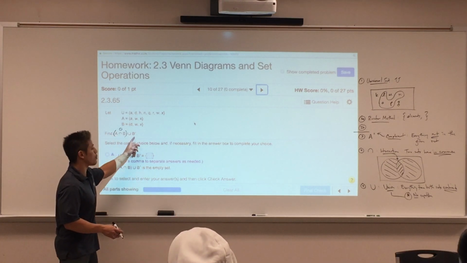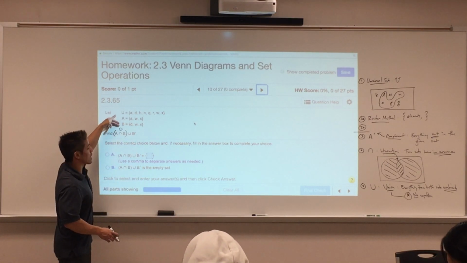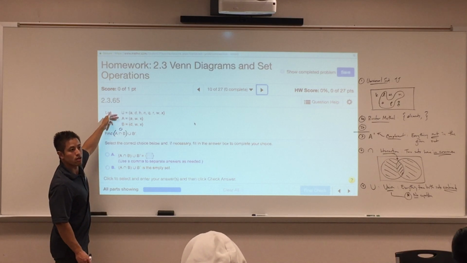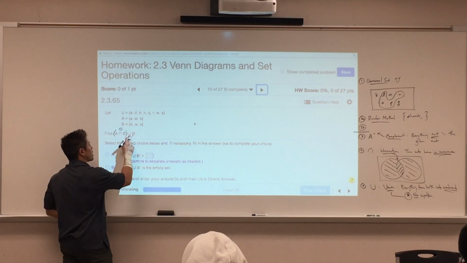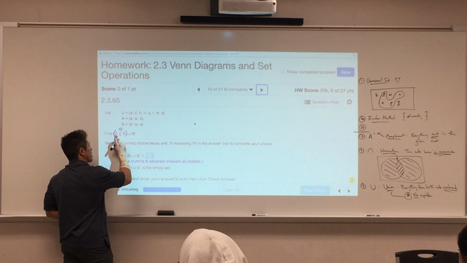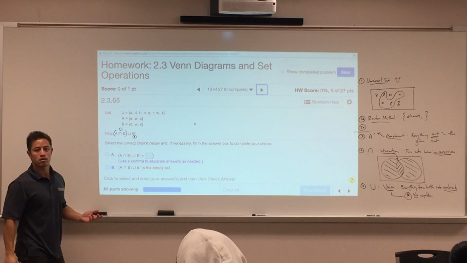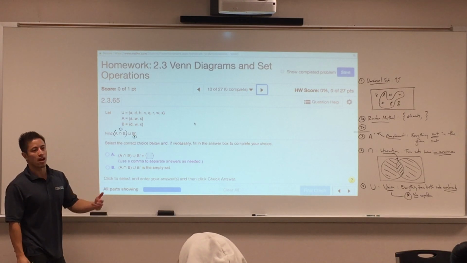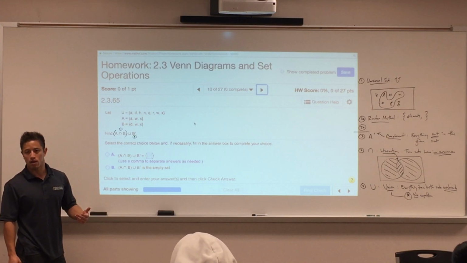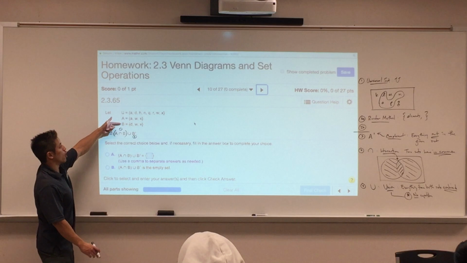But it's B complement, meaning that that's not immediately listed, is it? So before I can union whatever I get here with that, I have to figure out B complement, don't I? I'm going to have to add a step and figure out what is B complement, because I don't know it right now.